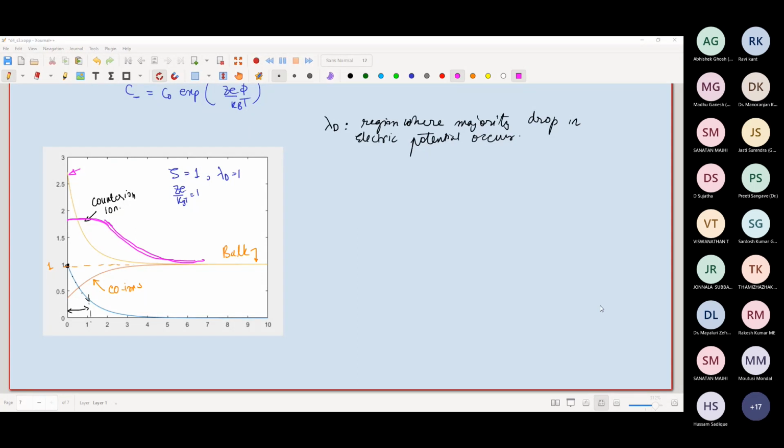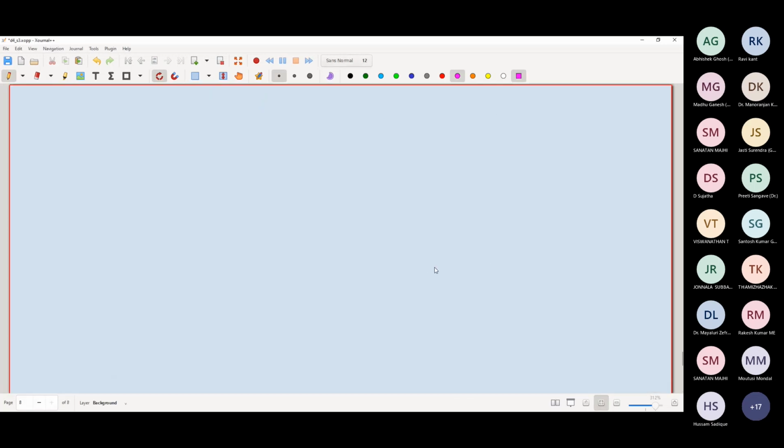Alright, so let us continue our discussion. Now we will turn to the flow actuation by means of electroosmosis.